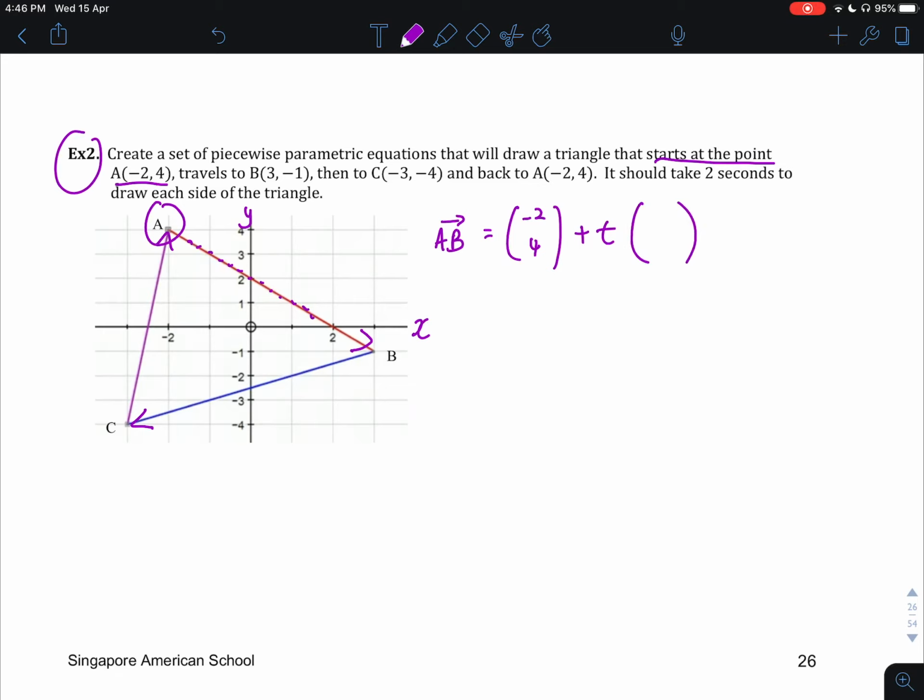Over here, we put in our direction vector or velocity vector, and that is going to be vector AB, but there's a couple of little modifications that we need. First of all, we need to take into account that moving from A to B takes 2 seconds, so 2 seconds to draw each side of the triangle.